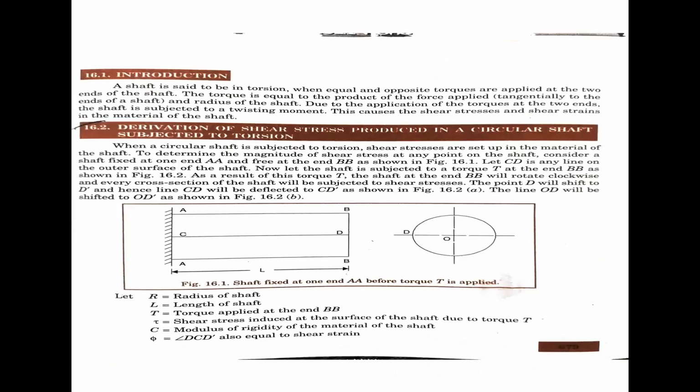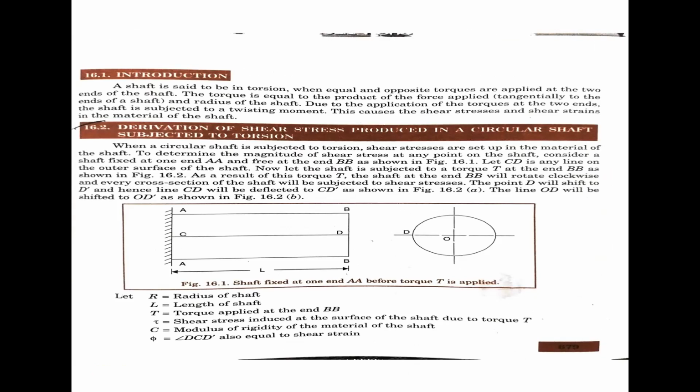The shaft is fixed at A and subjected to torque capital T at B. What are the parameters? Capital R equals radius of the shaft, since it is circular. Capital L equals length of the shaft.